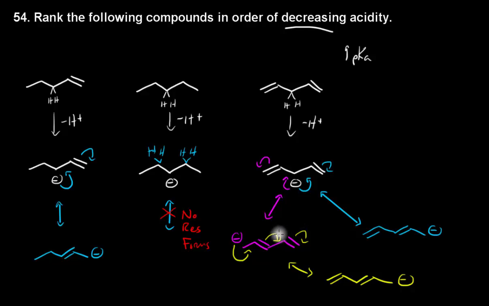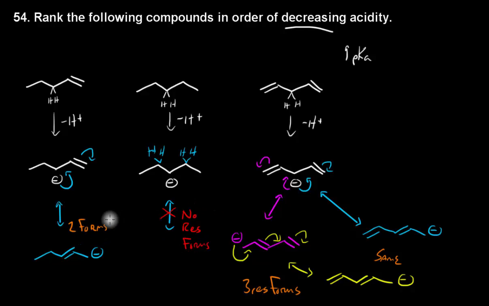Anyway, that was kind of a tangent, but going over here, if you compare and contrast how many resonance forms you have, these two are the same on the right. So we really have three resonance forms for the one on the right, and two forms on the left.